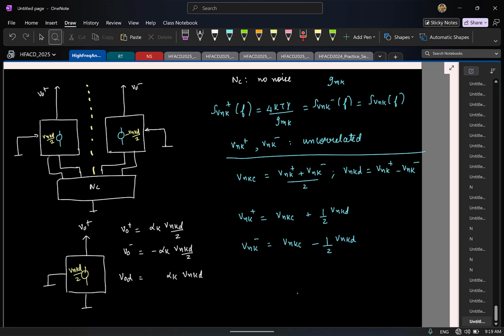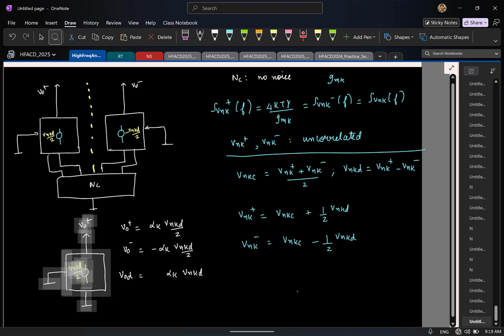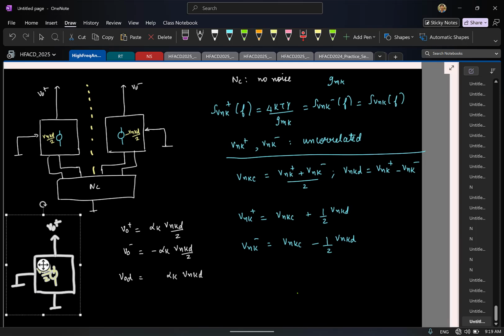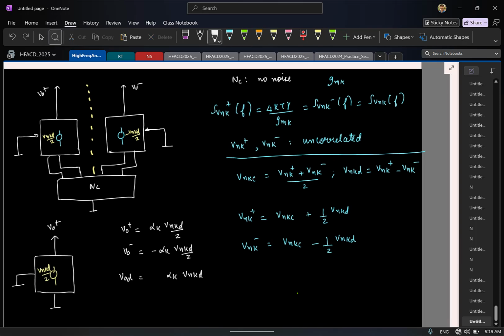And this is only the contribution due to the kth noise source. Now to find the total noise, I will do it for all noise sources. So my total output noise will be summation of this. Done. Now this is the effective noise you find at the output, differential output.